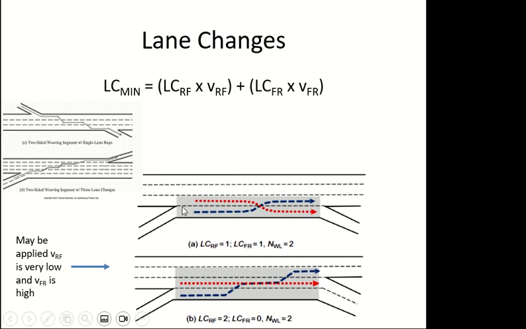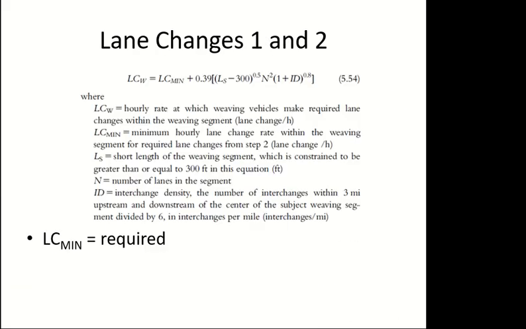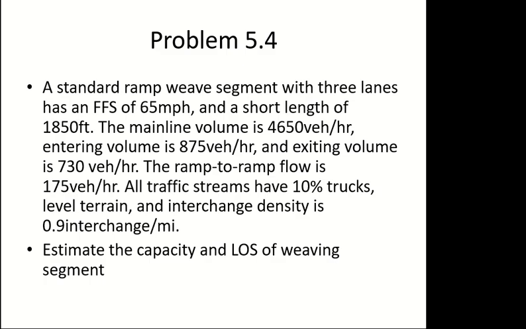This one is a standard weave segment. If it was 4 lanes, then it would show 4 lanes on the freeway. Standard ramp weave is 1 auxiliary lane connecting ramp to ramp, and you have ramps on one side.